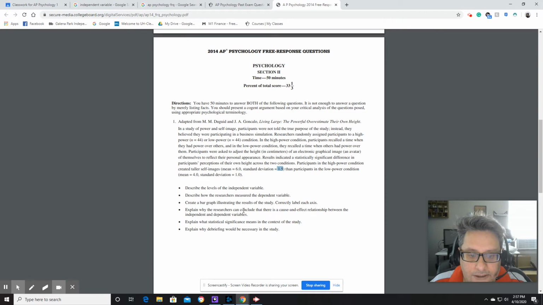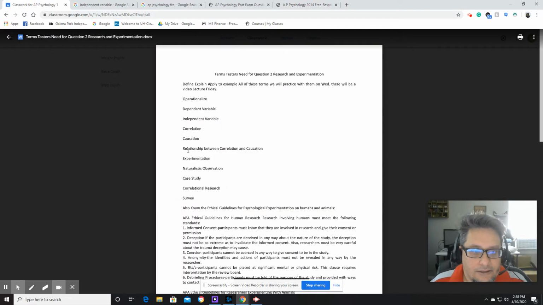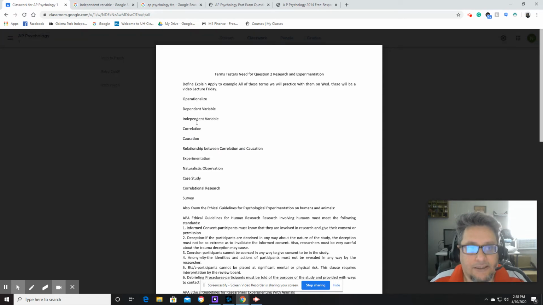Explain why the researchers can conclude that there is a cause and effect relationship between independent and dependent variables. Okay. Relationship between dependent and independent variables, and causation and correlation, right?